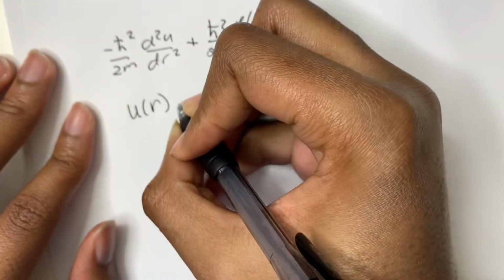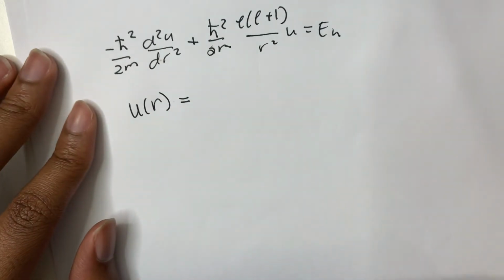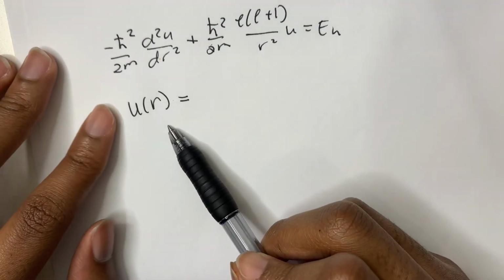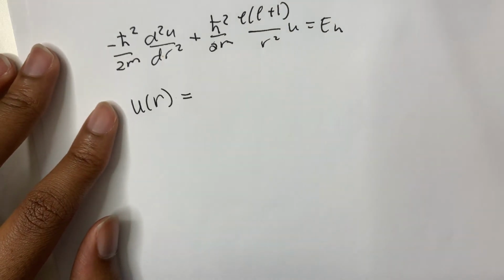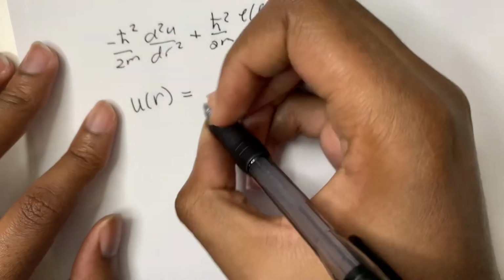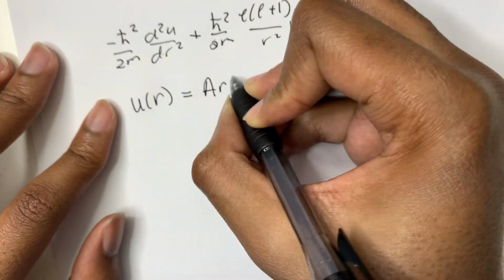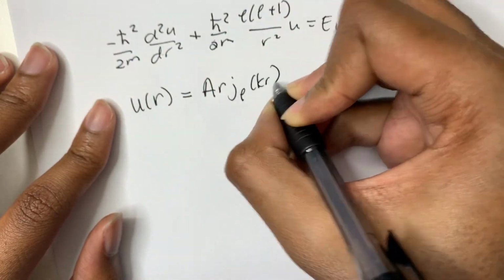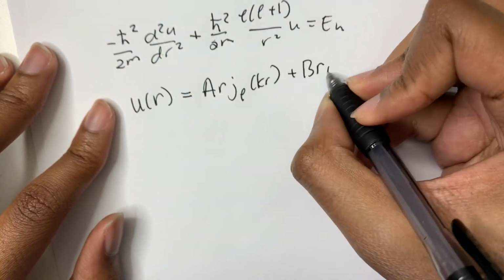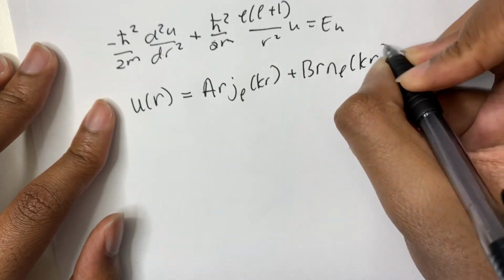And our solution, it's a very powerful trick for differentiation. They just say integration for differentiation. And the solution that we get is, let me just find my notes, u of r equals A_l j_l(kr) + B_l n_l(kr).